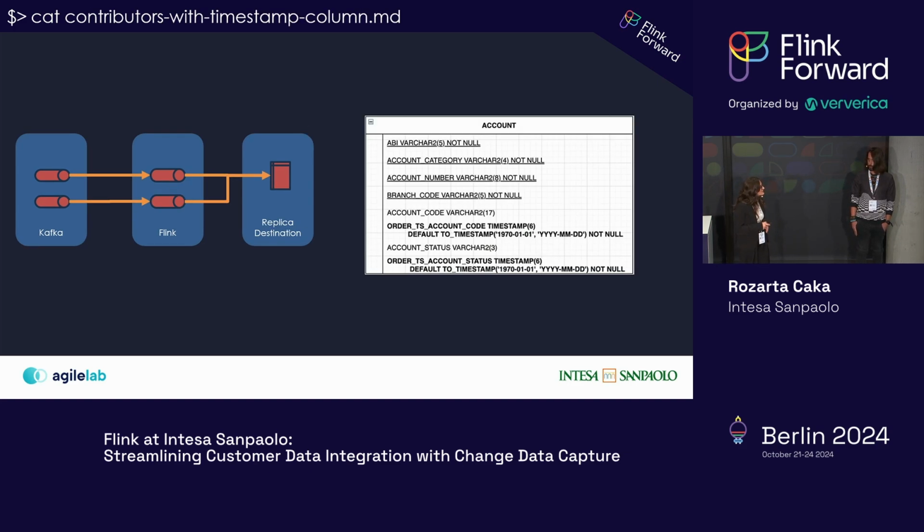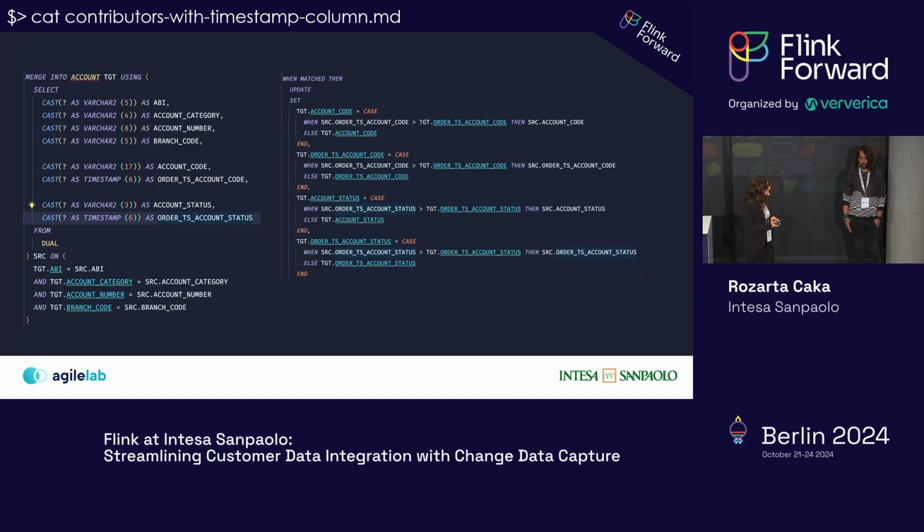This is an architecture with a timestamp column. This is not stateful. We use the database as the state, and for updates, we use a merge where we check the timestamp before updating the data.